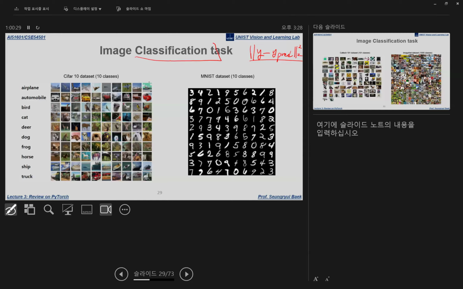But in the classification task, this type of loss function cannot be used, because the CNN's output, if you input an image, will be an n-dimensional vector describing the probability for each class, okay? So you cannot simply use the Euclidean distance for this. We have to define another loss function for this classification task.